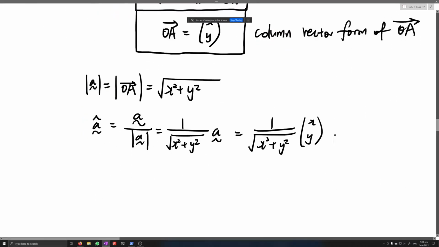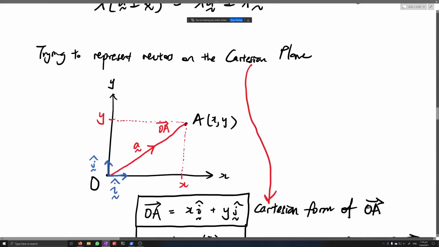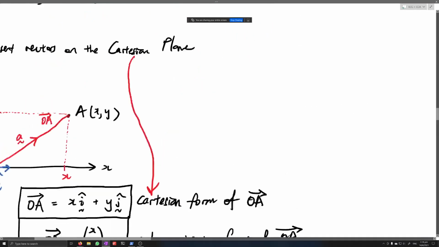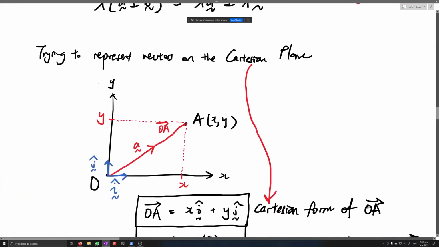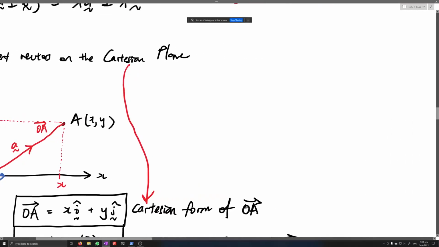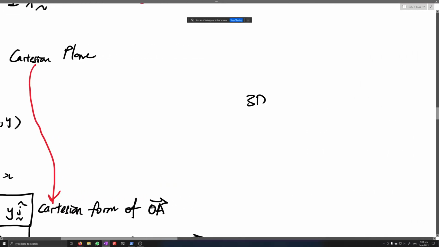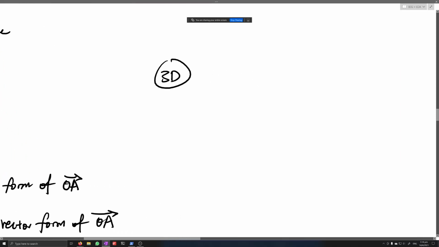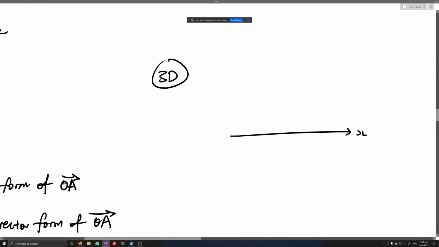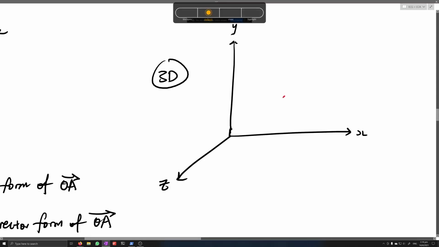If we were to extend this to 3D, so okay, let's just write 2D. If we were to extend this to 3D, it would essentially be the same story. X plane, Y plane, this goes up to get here, and Z plane. Let's say we have a point here, call it A again.